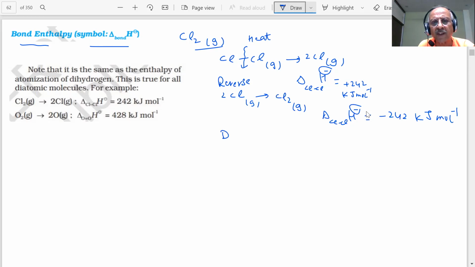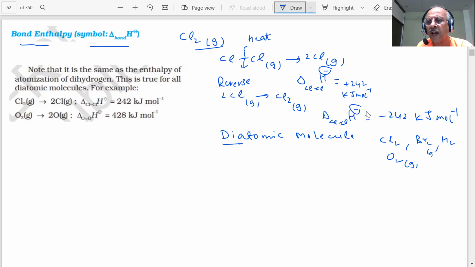What do you mean by a diatomic molecule? That it is made up of two atoms. Cl2, you can take Br2, you can take H2, you can take O2.